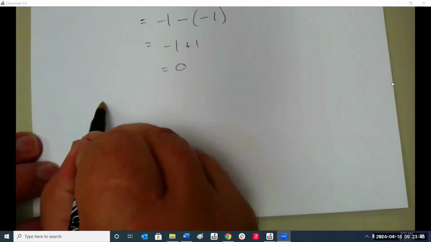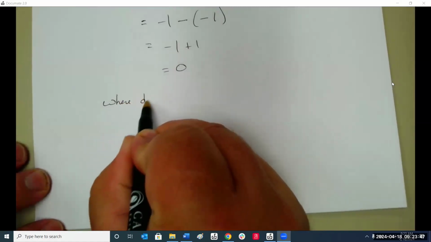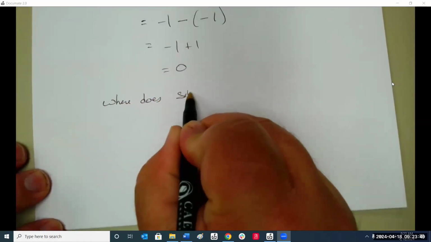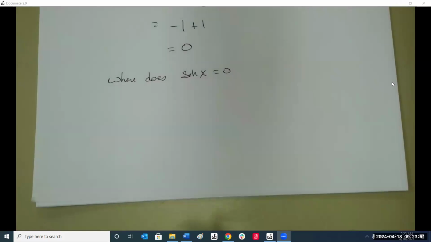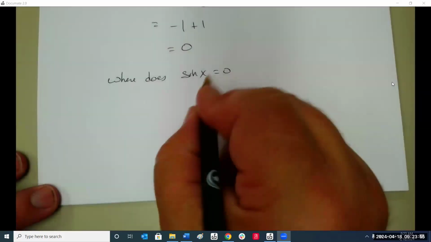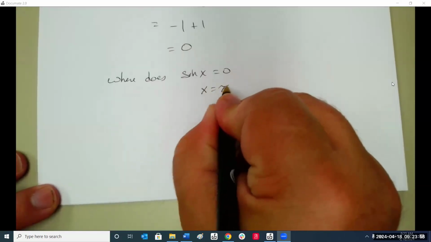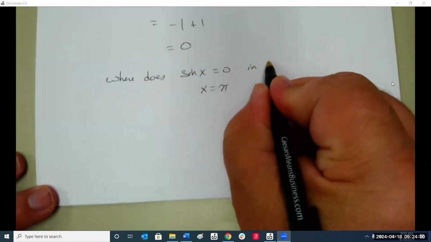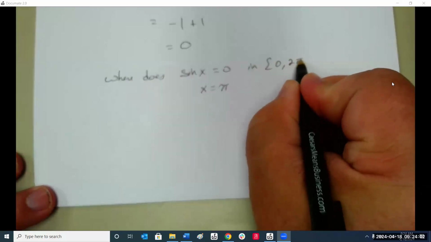So where does sine x equal 0? When x equals pi, in the domain 0 to 2 pi.